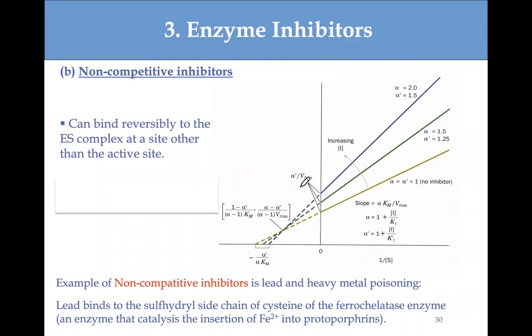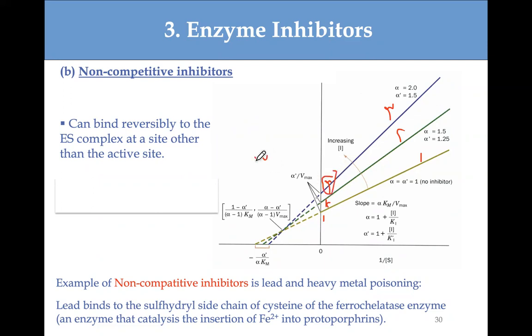The y-intercept is 1 over Vmax. So which one of them do you think has the highest inhibition? This is 1, this is 2, and this is 3. Highest is 3, exactly. As we go up, the Vmax decreases. Basically, you don't say 3 is the Vmax.